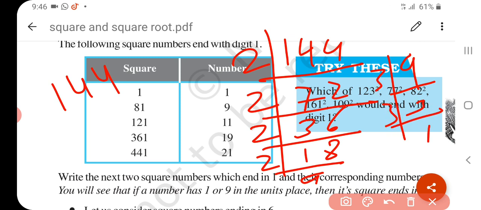So how many pairs do we get? 2 into 2, 2 pairs of 2 and 1 pair of 3, no other factors. So 2 pairs of 2 and 1 pair of 3 exist and no other factor is left. Hence 144 is a perfect square number.